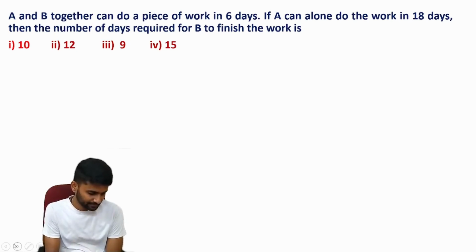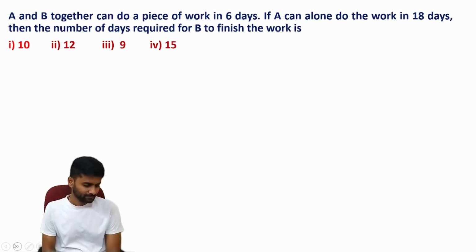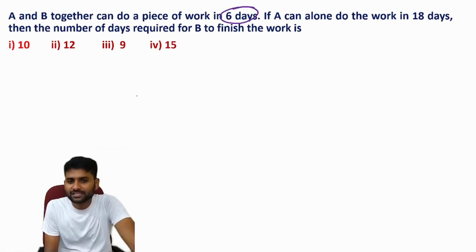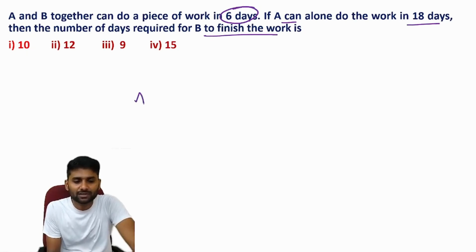Try this question. A and B together can do the work in 6 days. If A alone can do the work in 18 days, find the number of days required for B to finish the work. Now see, A and B together complete the work in 6 days. A alone takes 18 days.